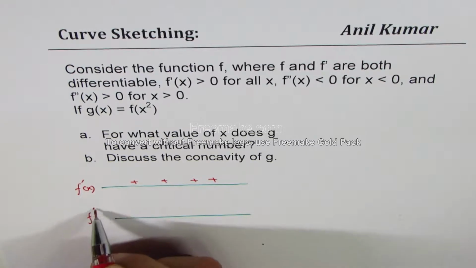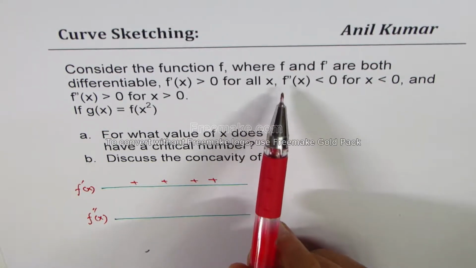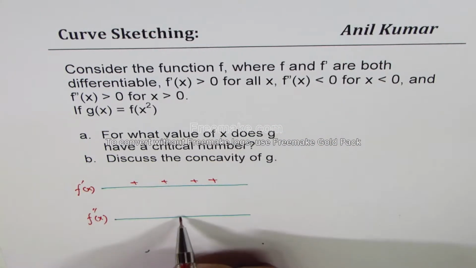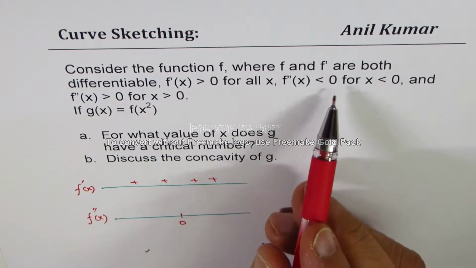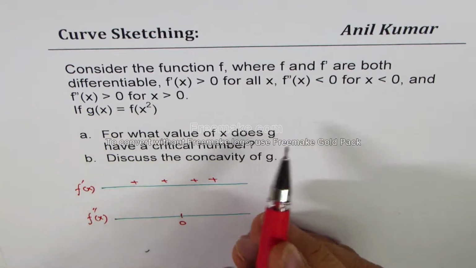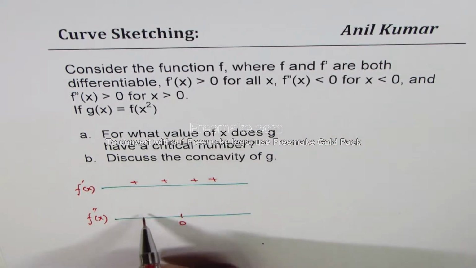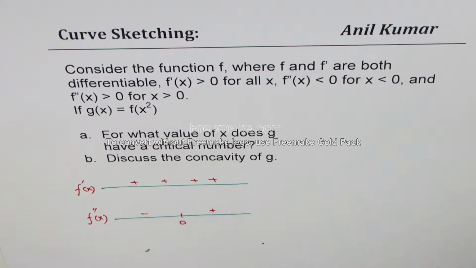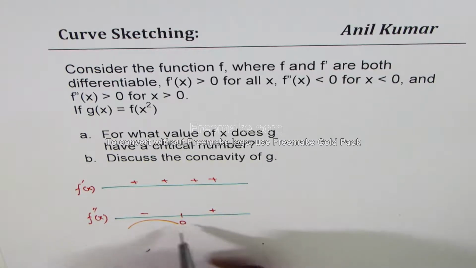Second derivative is less than 0 for x less than 0, and positive when x is greater than 0. It means that the concavity of the function is kind of like this.